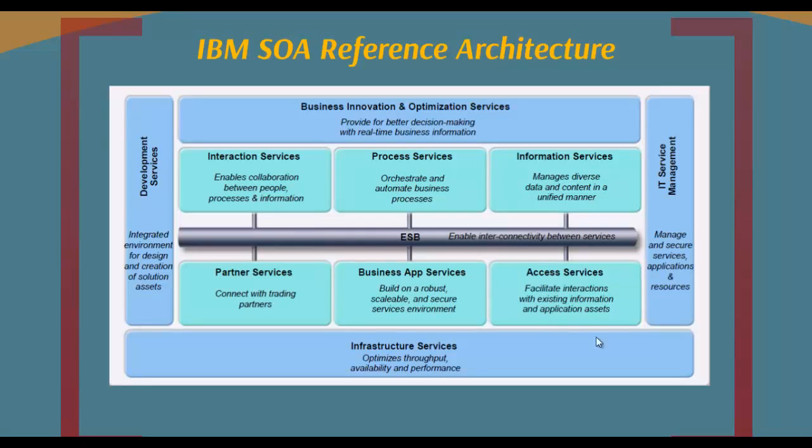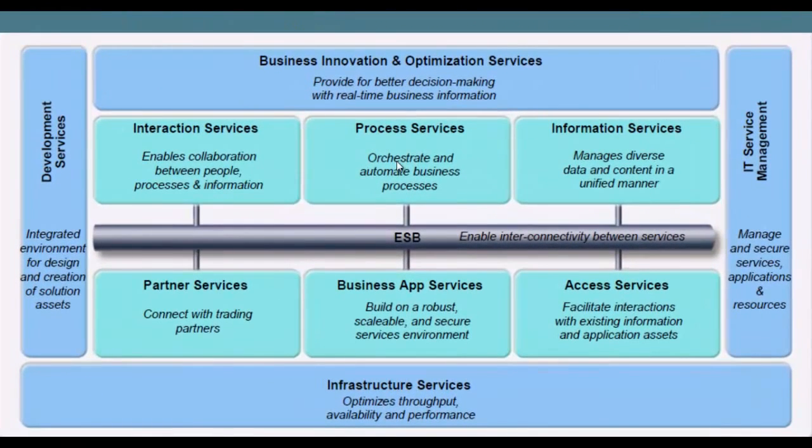They are interaction services, process services, information services, partner services, business app services, and access services. Small details about what those services are are written over there, but a full explanation of these services is beyond the scope of this tutorial, because it's a very long and very complex topic to address within a single tutorial.